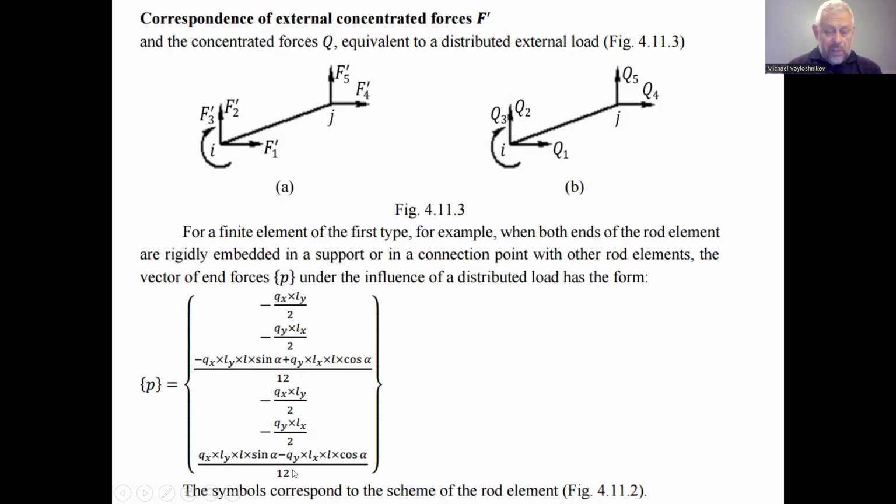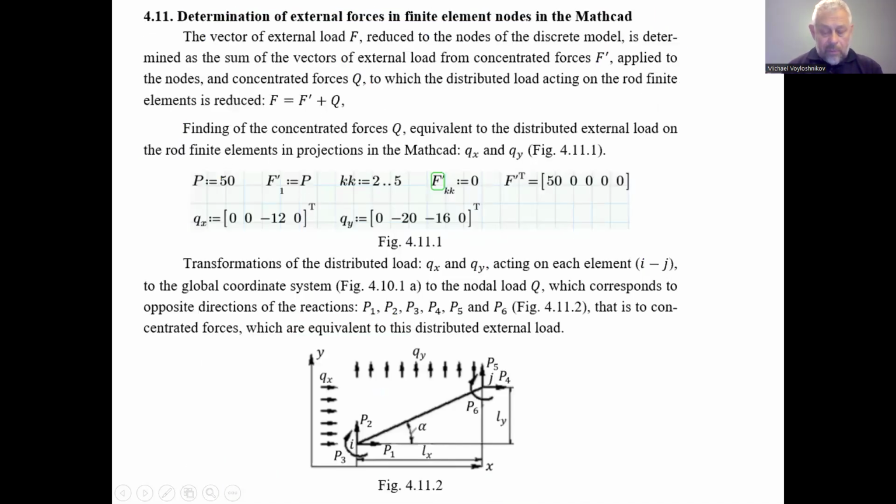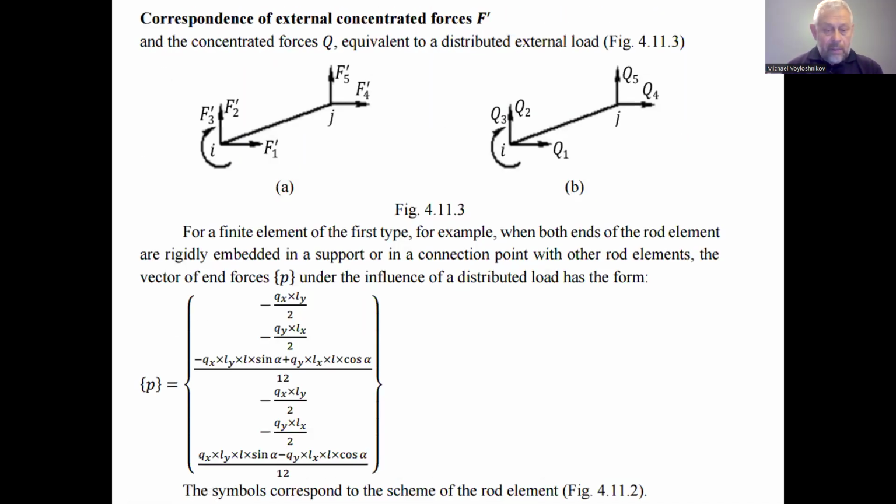Anyway, we have 6 at each end in the flat approach for the flat rod frame. As we considered for each finite element, we have considered 6 available displacements. I'm sorry, this is 5 displacements in our definitely considered case.